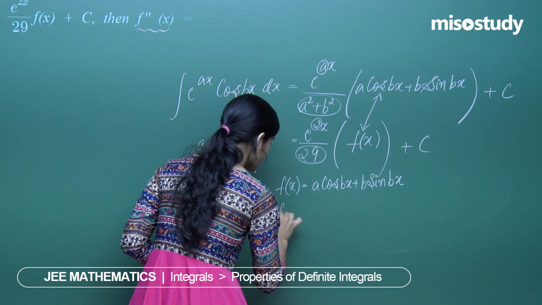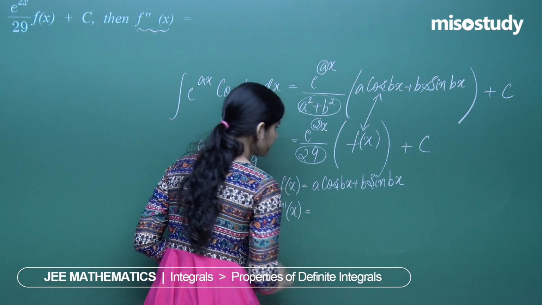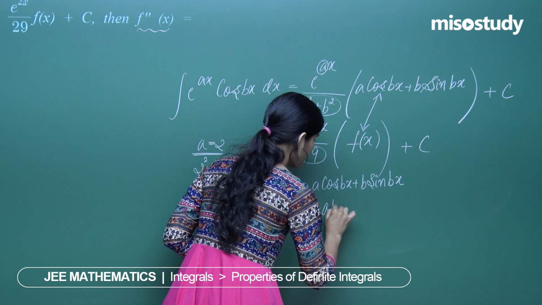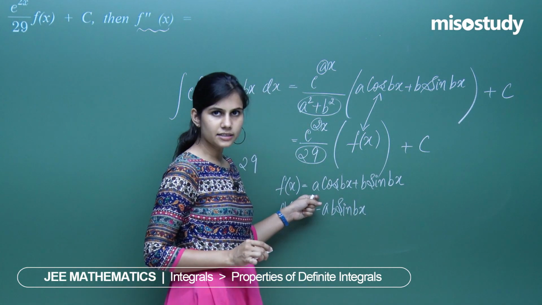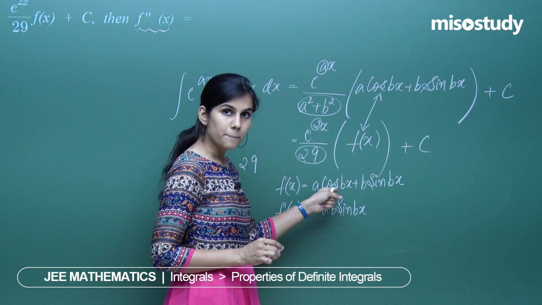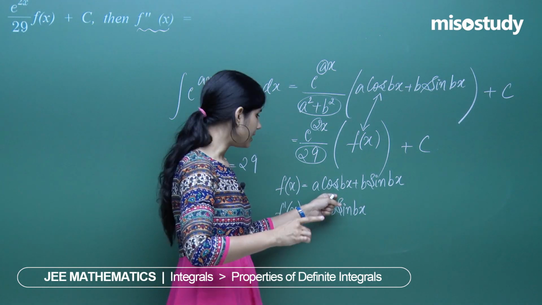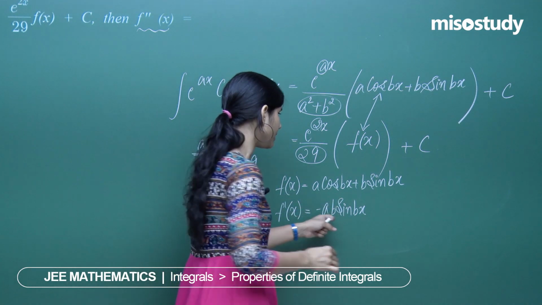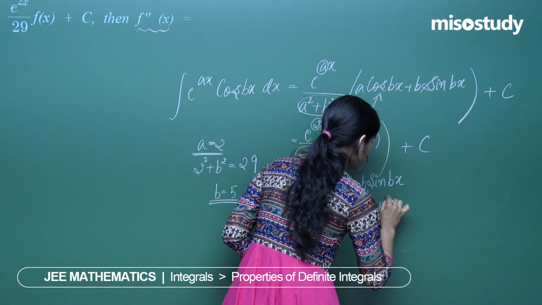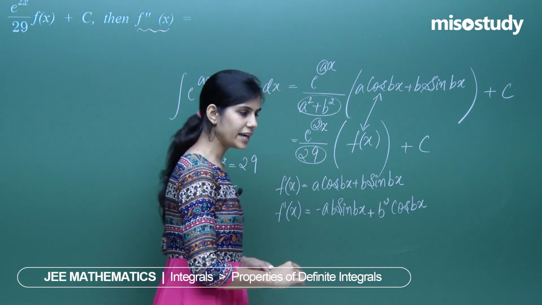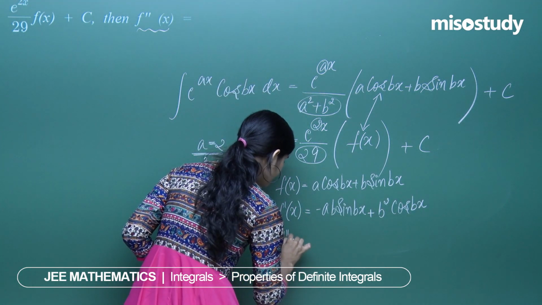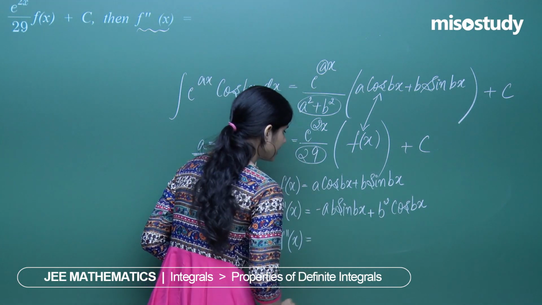Now if fx is a cos bx plus b sin bx, then what is f dash x? It is minus a b sin bx. Why? Because a is a constant, d by dx of cos bx is minus sin bx into b. So minus a b sin bx, plus here it will be b square cos bx, right? Again if you differentiate, you get what?